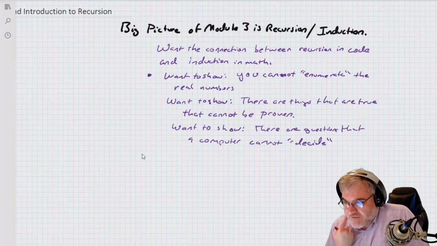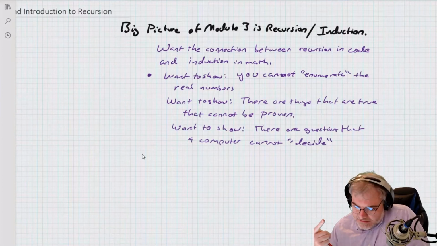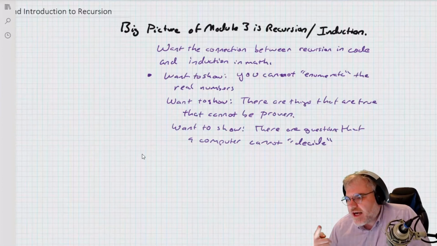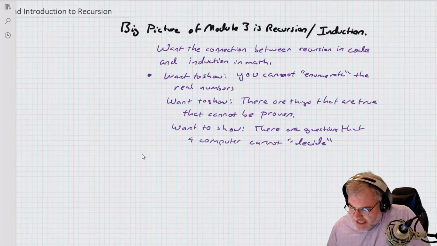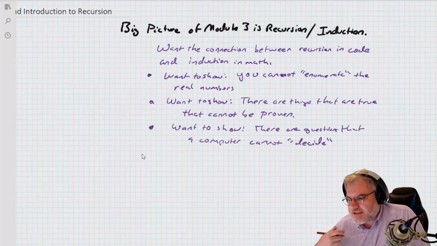So there are things I can't even list, or things I can't even write a program that would get there if I gave it an infinite amount of time. So there are things I can't enumerate over. There are things that are true that I can't prove. And then there are things that I can't decide. Whether or not I'm stuck in a loop is not something that a computer can actually know.